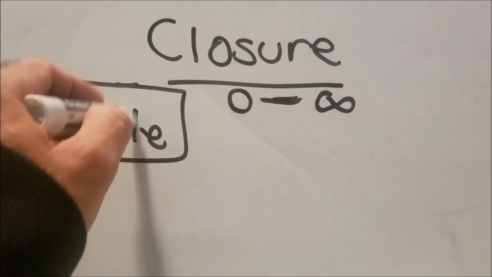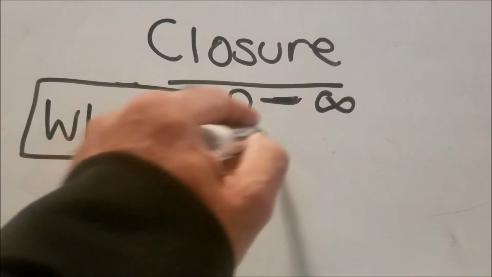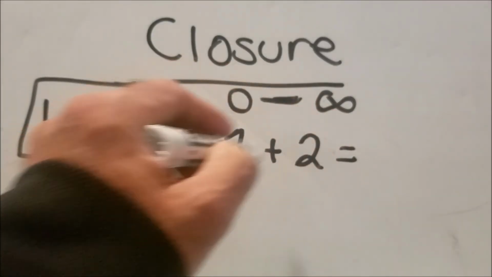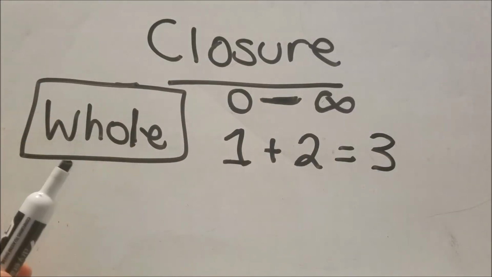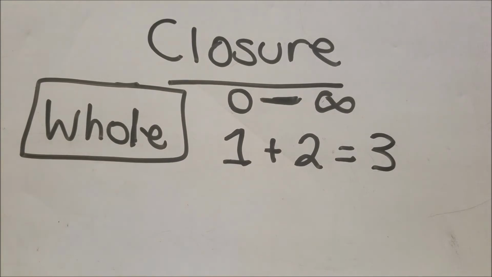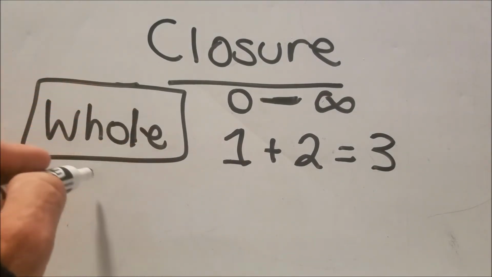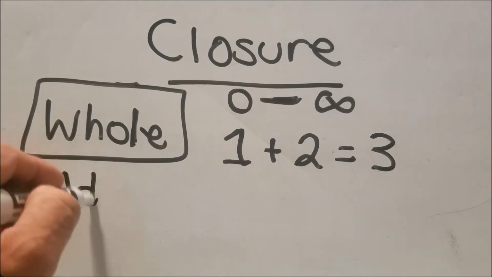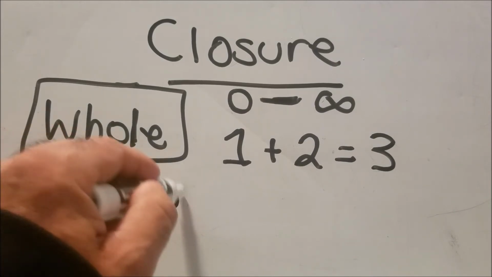They're just integers. So if we take 1 and we add it to 2, we'll get, guess what? We'll get a whole number. So if you're adding whole numbers, you'll get a whole number. That means that the set of whole numbers under addition is closed.